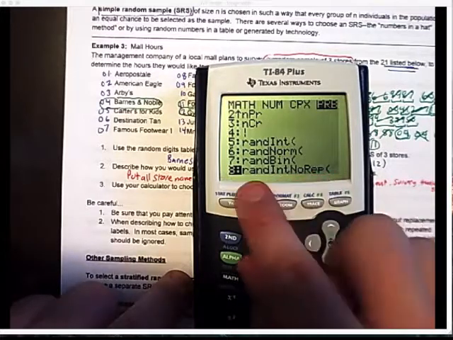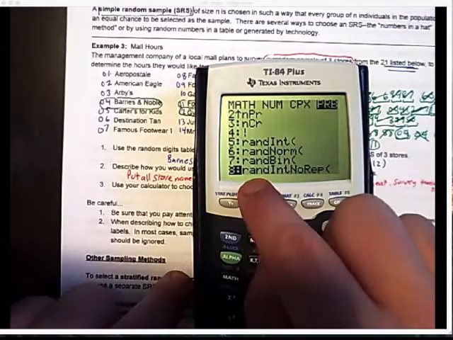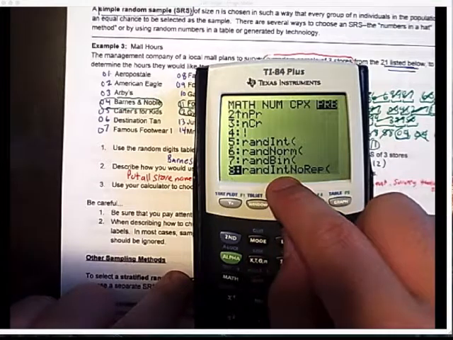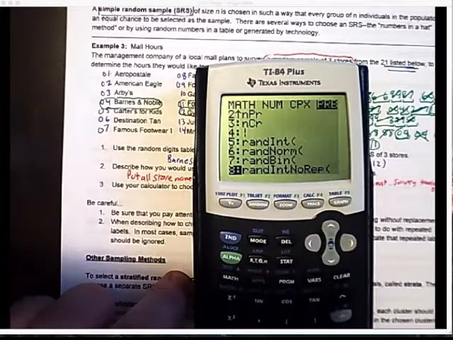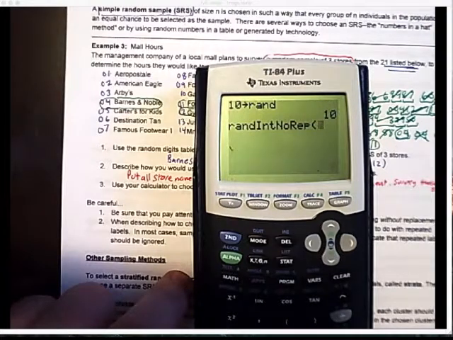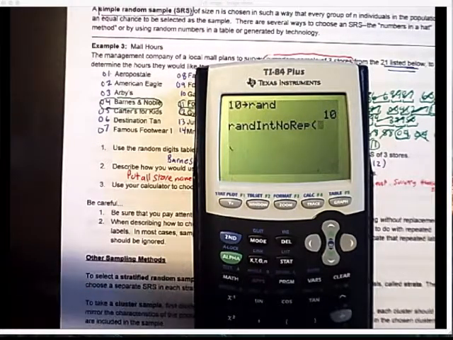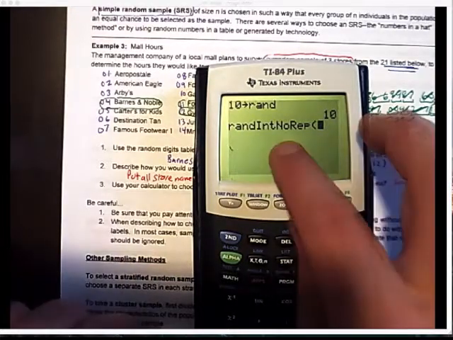What this stands for, I'm telling my calculator, choose a random integer with no repeats. Okay, random integer, no repeats. So you have to give the calculator a couple pieces of information on this model.